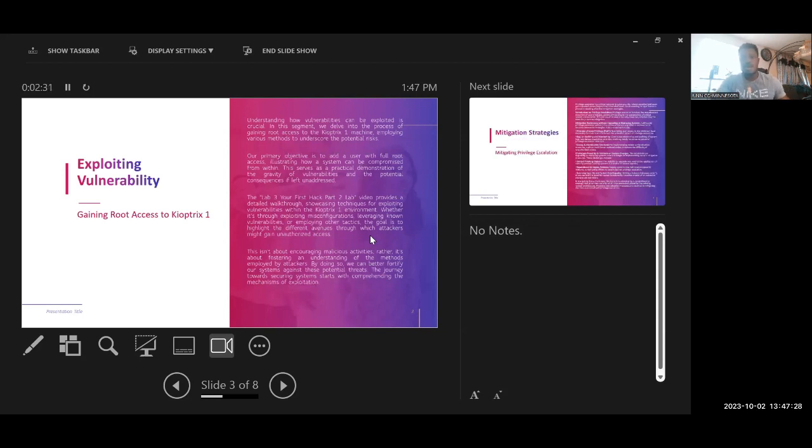Understanding how vulnerability can be exploited is crucial in this segment. We delve into the process of gaining root access into a Kioptrix machine, employing various methods to underscore the potential risks. So that's what I did, and mostly that's what the protocol was all about.